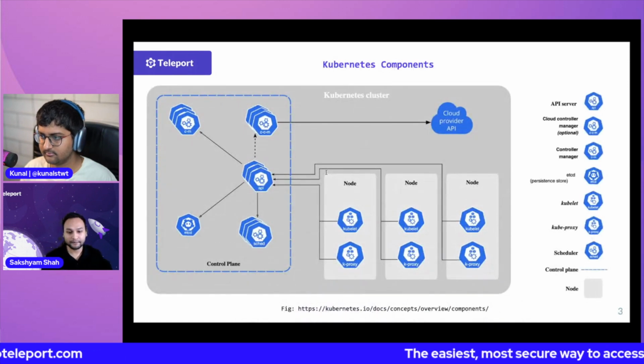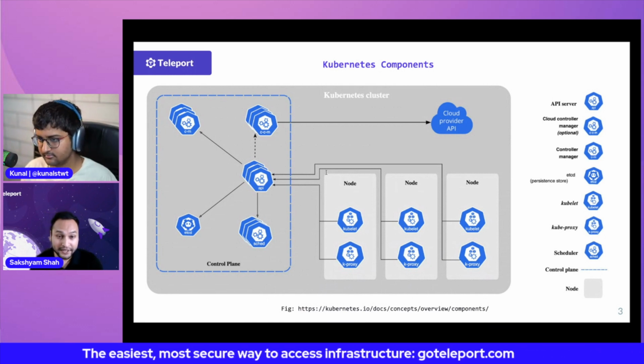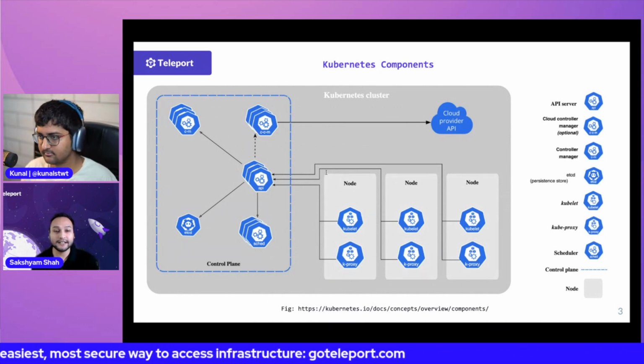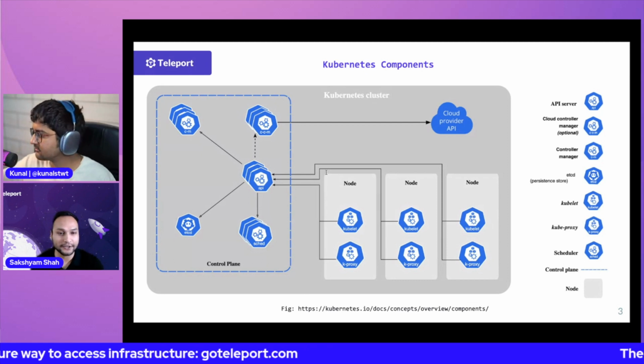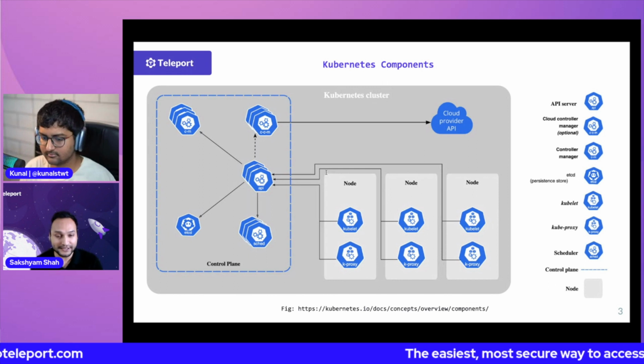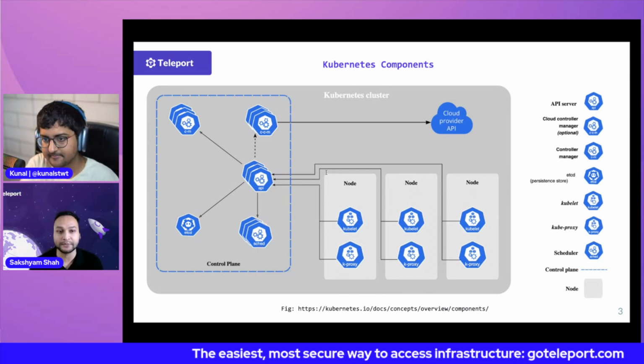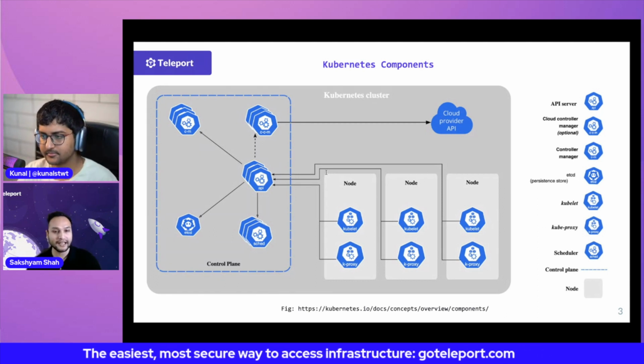So to begin, you first have to understand the Kubernetes components. Kubernetes is not a single product per se. Kubernetes has lots of moving internal parts, and there are lots of resources that work in tandem, and every resource is abstracted in a beautiful API.